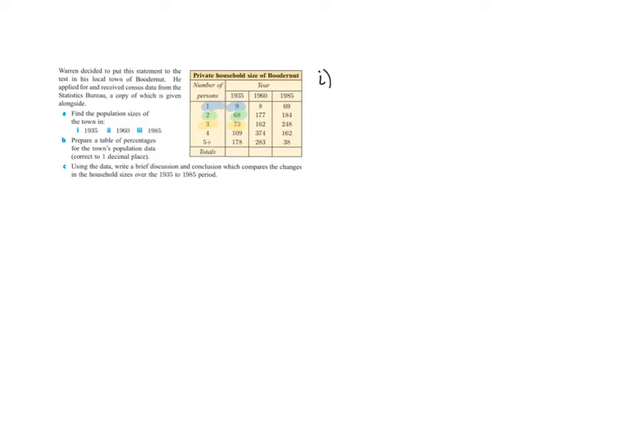So what we have to do when we're adding up the total population size, we'll say total pop equals, and we're going to use brackets, 1 times 9 plus 2 times 68 plus 3 times 73, plus 4 times 109.